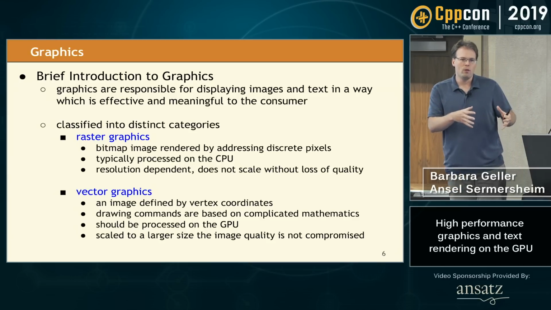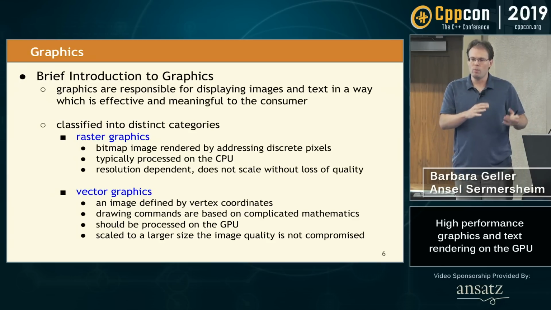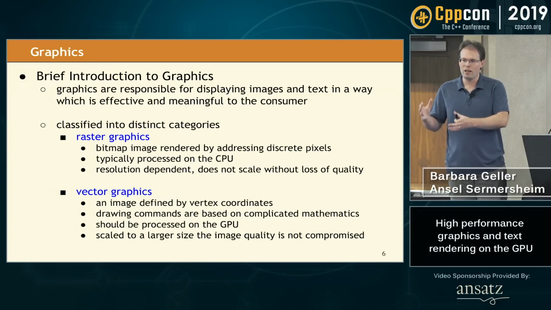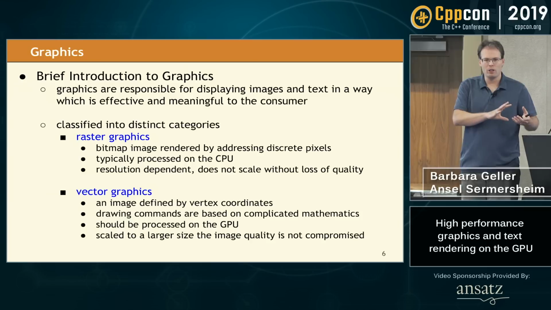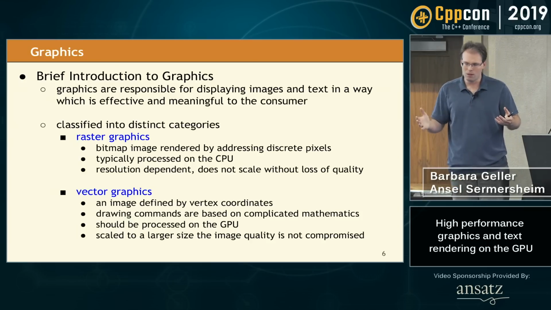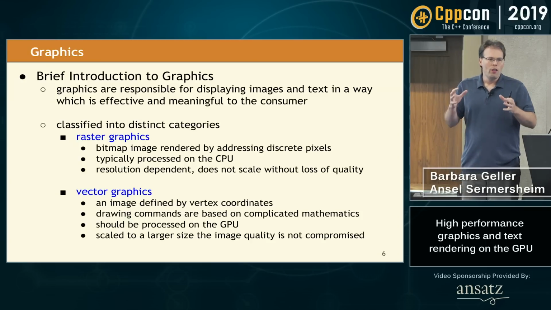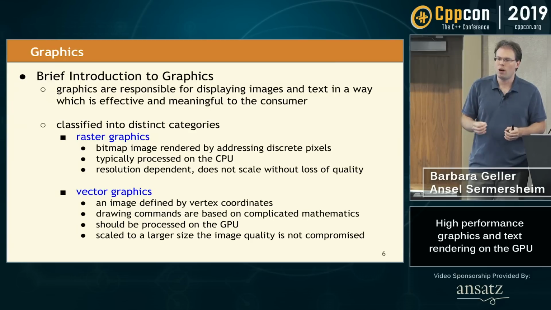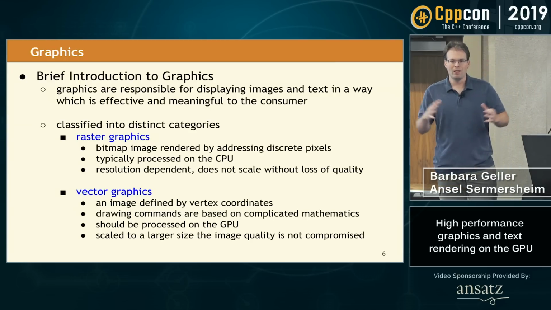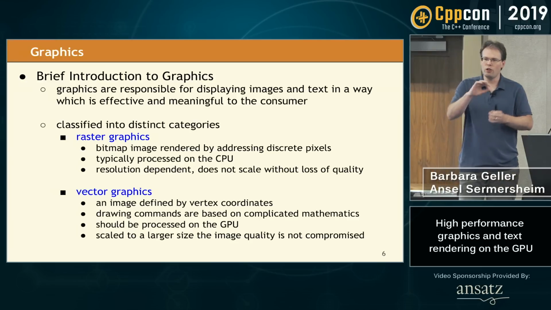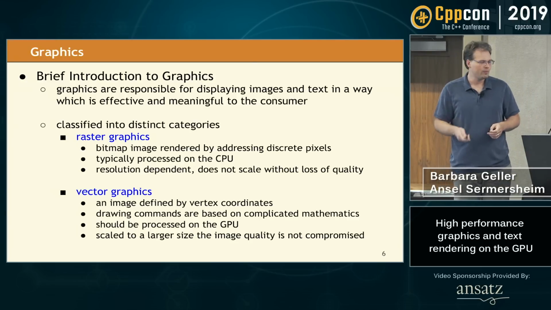On the GPU, the vector representation will be transformed into a rasterized representation and sent to the monitor for display. But you want that rasterization to happen as late as possible. You'll see why. The really fundamentally awesome property of vector graphics is that when you scale them or transform them, the image quality isn't compromised because you're just adjusting the coordinates.